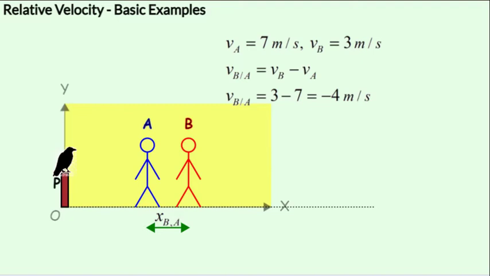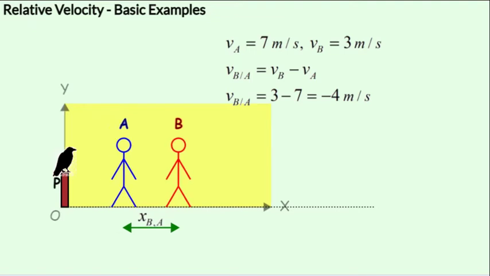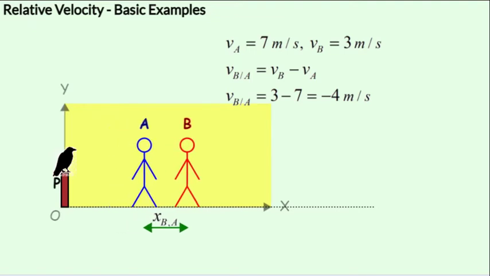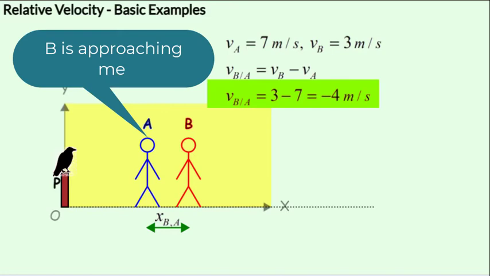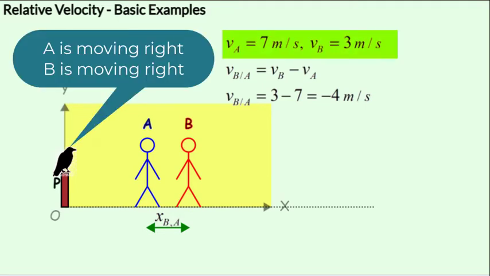From A's perspective, A is at rest and does not move. Therefore, he feels that B is moving towards him in the negative x direction with a velocity of 4 meters per second. But the bird as the observer sees A moving to the right at 7 meters per second, whereas B is moving also to the right at 3 meters per second.